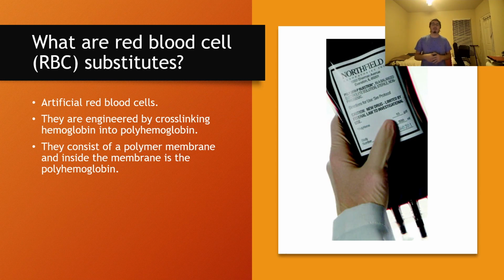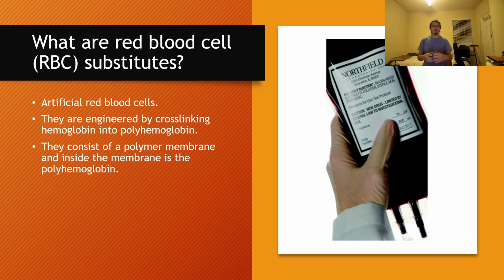So what are red blood cell substitutes? They're basically artificial red blood cells, and how they're engineered and made is that they get a small molecule, and with that molecule they're able to produce more and more of them.